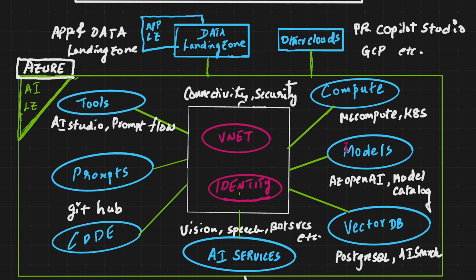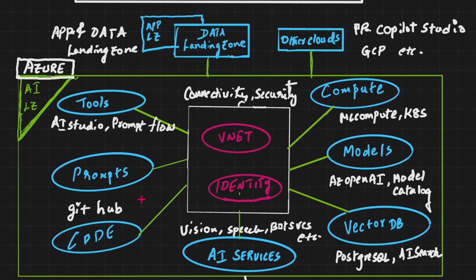And you will see all of the components in the next part of this video at a greater detail. But now, think of AI Studio as the tool platform wherein a bunch of other tools are available in order for you to create an AI application or an AI API.